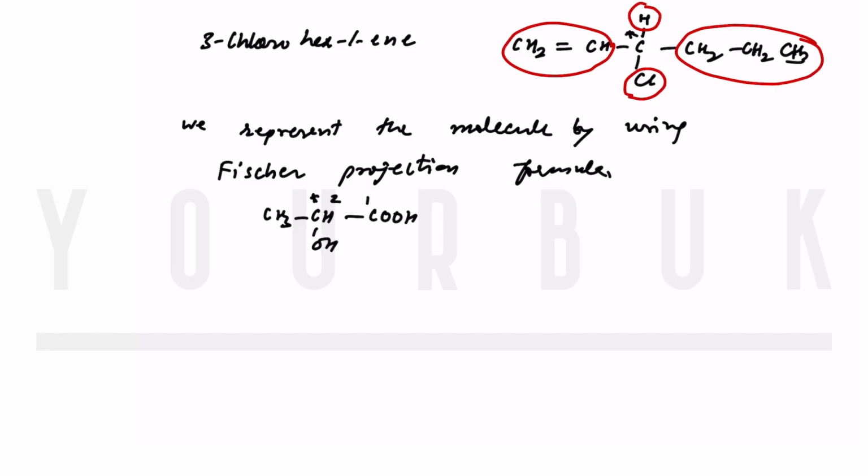In total there are 3 carbons, so we take the maximum number of carbons on the vertical line, and the point of intersection represents the chiral carbon. In this case, it's number 2.